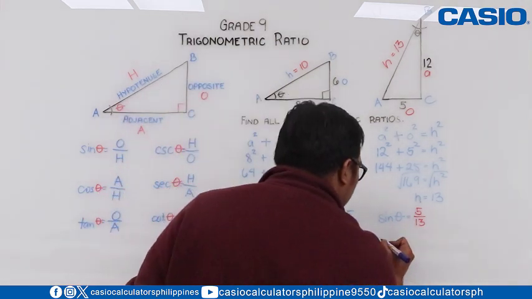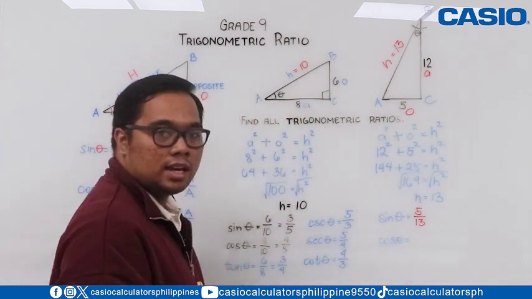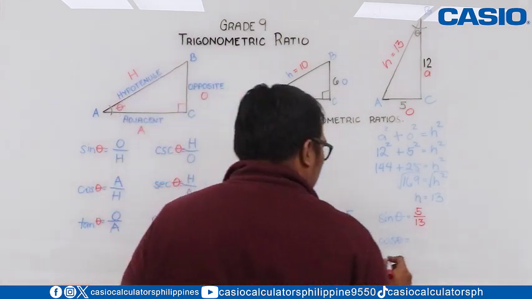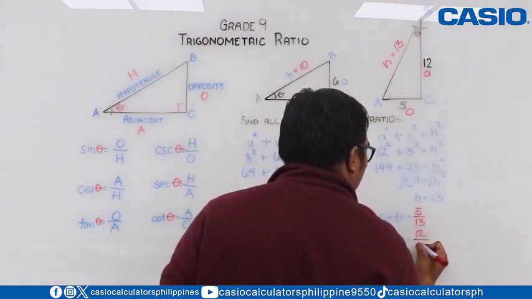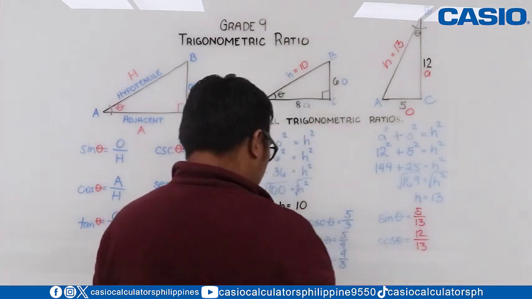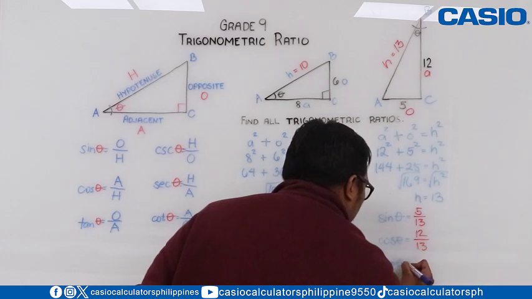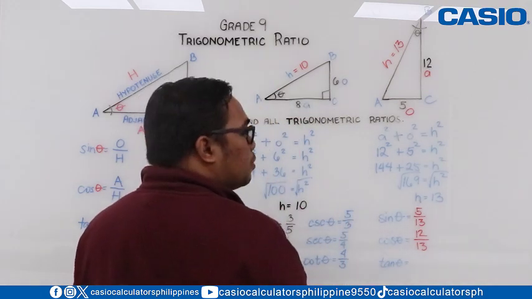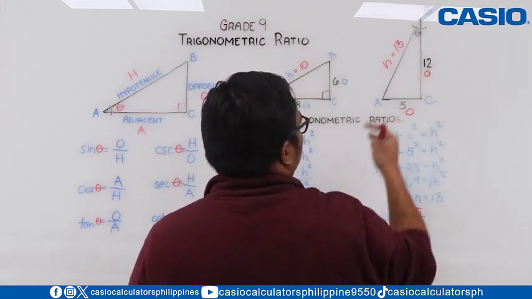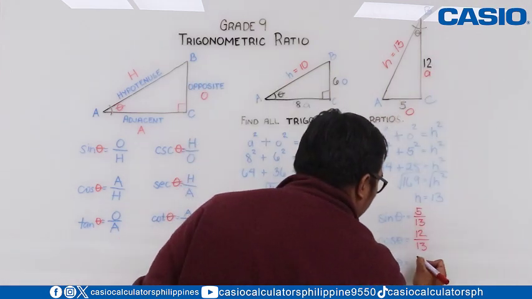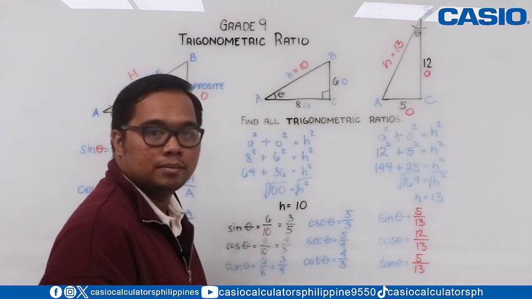Then, cosine theta is equal to adjacent over hypotenuse. So, that will be the adjacent side is 12, and the hypotenuse is 13. Then, we have our tangent theta. Tangent theta is opposite over adjacent. The opposite side is 5. The adjacent side is 12. So, we have here 5 over 12.